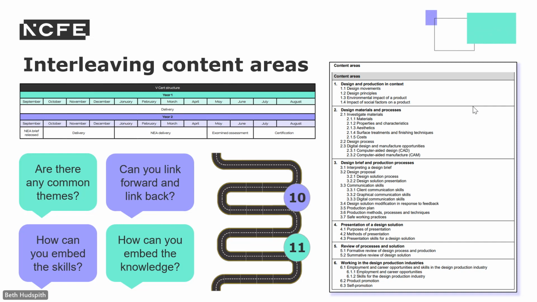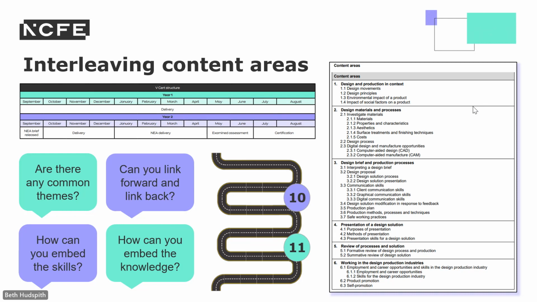Think about what types of projects or briefs you could build into these content areas, which would allow multiple opportunities for students to hit the criteria more than once. Have a look at those content areas and jot down some ideas about how you could spot common themes between them, how you could embed the skills, and how you could develop and build upon those skills.